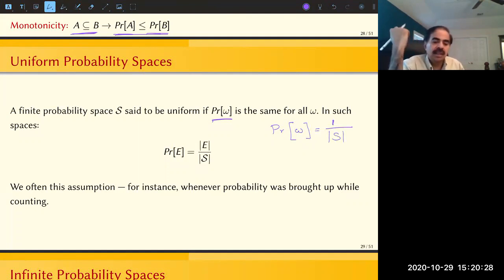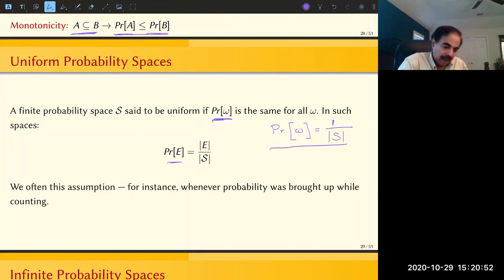Because once we say the probabilities of all outcomes are going to be the same, and you combine that with the condition that when you add up the probabilities of all outcomes, it should add up to 1, then you immediately get that the probability of each outcome is 1 divided by the size of the set.